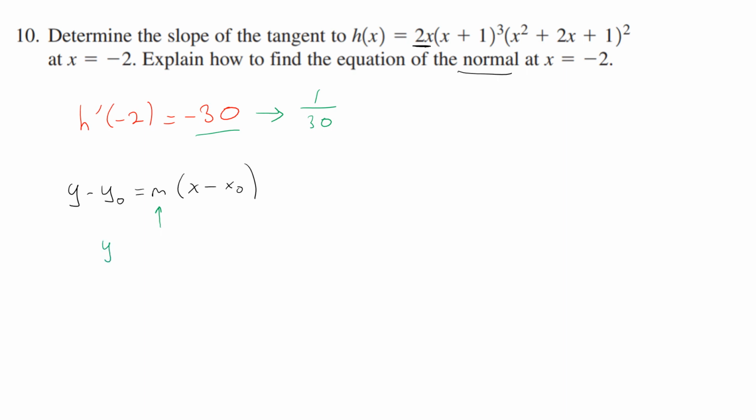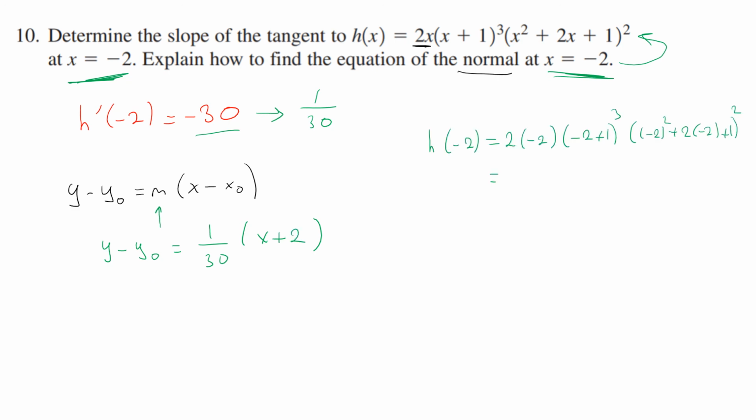So I can write it down as y minus y0, 1/30, and x minus x0. But what I realize is, even though my x is -2, I see that I don't know my y. In order to find the y value, you need to plug that -2 into the original equation so you can find my original y value.